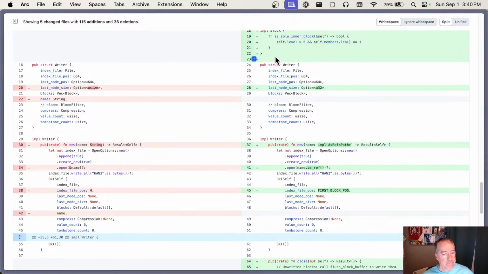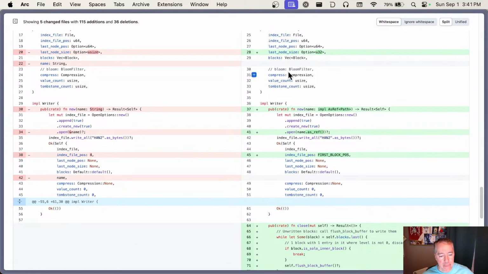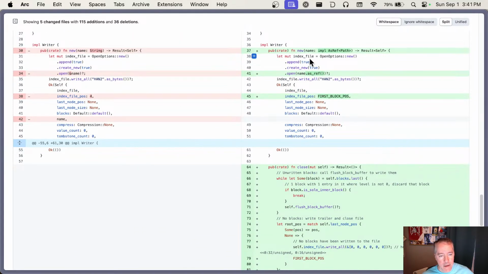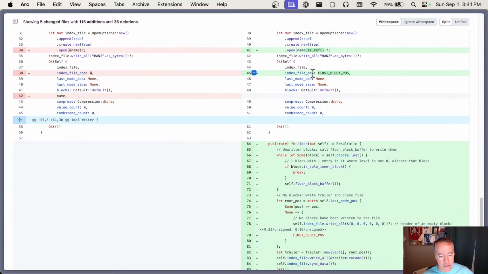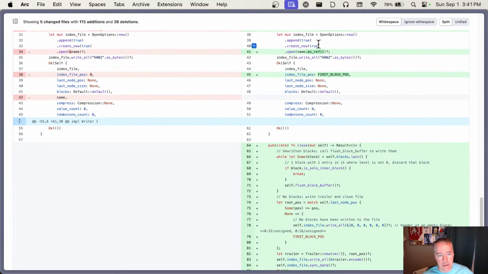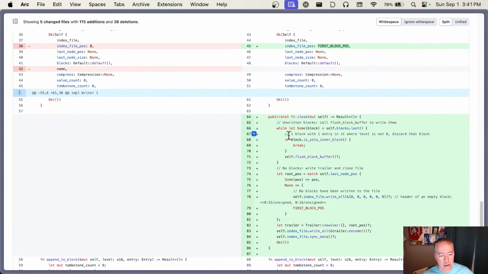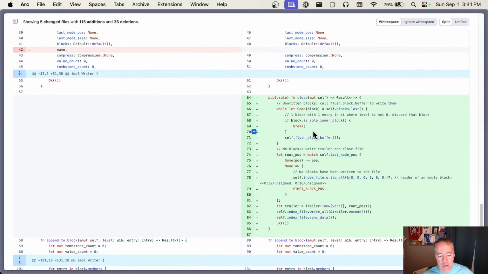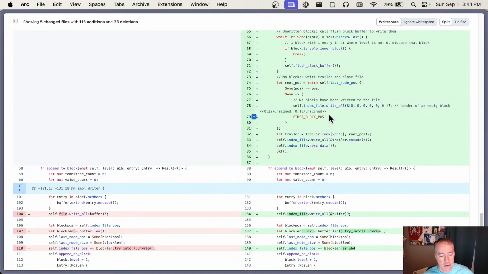Okay. Obviously, there's some type changes here because the node size needs to be encoded in the trailer as a U32. We're using last node size as a U32 instead. And then we remove some unnecessary stuff. We don't need to keep the file name around. And then the close writes the trailer. You've seen this last time.